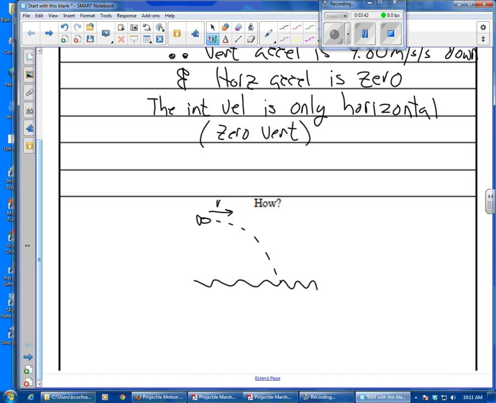It's parabolic because it's only accelerating vertically. If it was accelerating in both, it would be circular. But we don't need to get that detailed. We just need to know that it's curved, therefore the fish is accelerating.